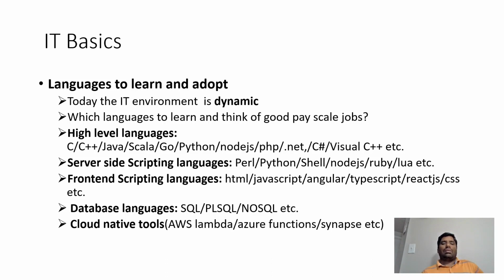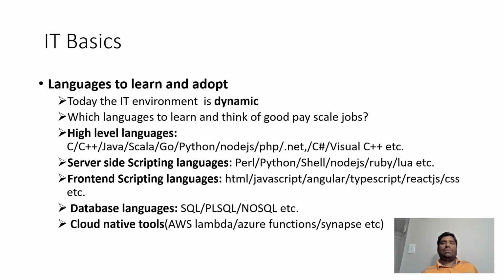After that, enormous languages started coming into the market, like Scala, Python, Go, Node.js, PHP, .NET, C#.NET, Visual C++, and so forth, some from open source as well as some from proprietary. So which language is good for IT development and also good in pay scale in terms of remuneration? You need to focus on the cutting-edge technologies today, and the associated languages.